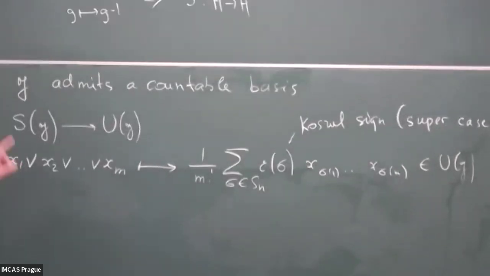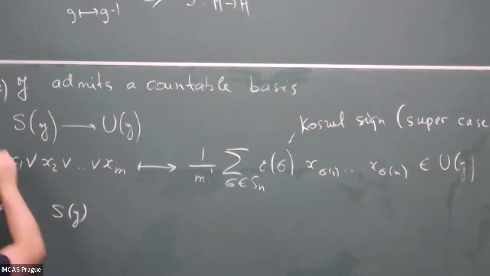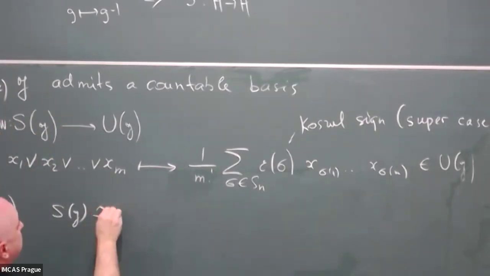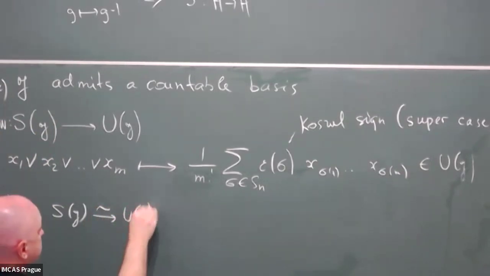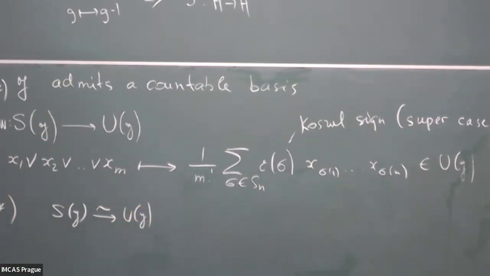Now, suppose the first condition is satisfied, so G admits a countable basis. Then one can show that this map, which is called the Poincaré-Birkhoff-Witt map in the Weyl form, is actually not only an isomorphism of vector spaces, but even more.